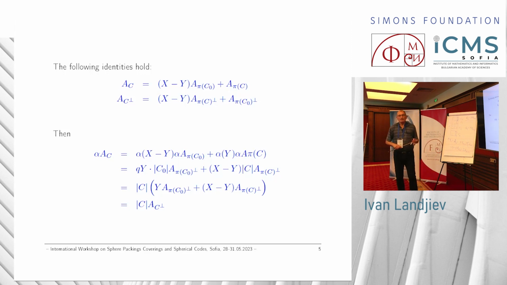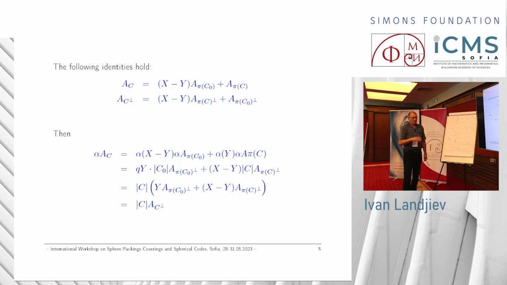Third, the spectrum, which is usually connected to some partition of the ambient space. Our tool will be such that we want to define a certain automorphism of a certain ring of polynomials which sends the weight numerator to the weight numerator of the orthogonal code.